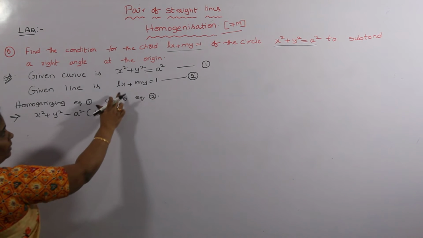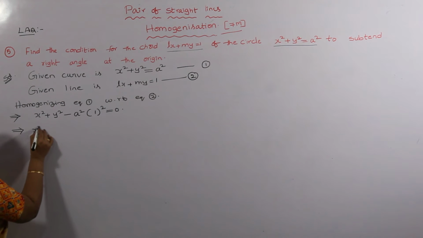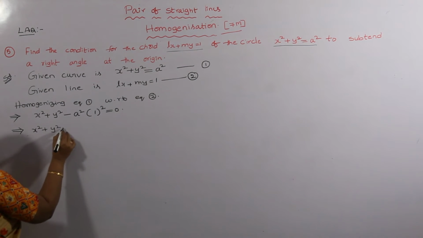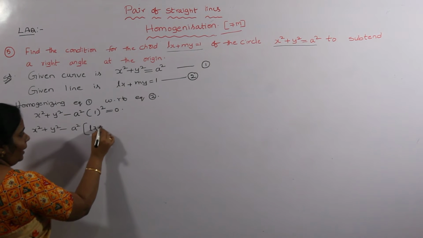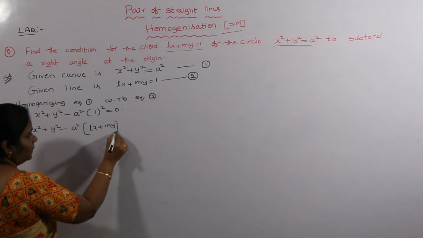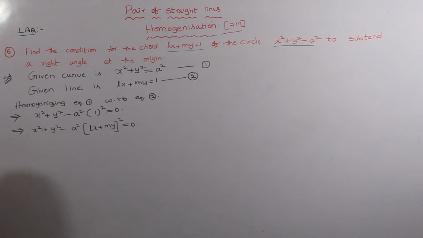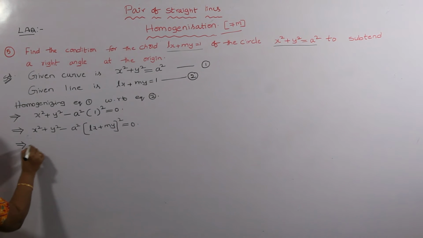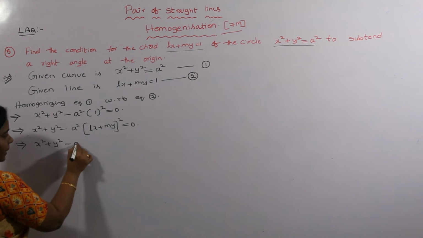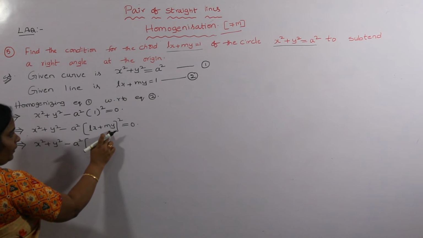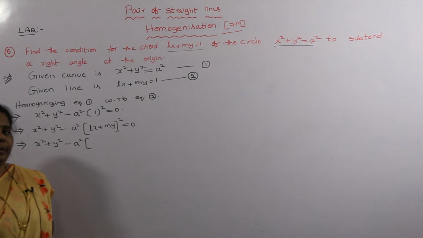But 1 is equal to Lx plus My, so substitute in this. That implies x square plus y square minus a square times 1 is equal to Lx plus My whole square is equal to 0. This is in the form of a plus b whole square, which is a square plus b square plus 2ab.